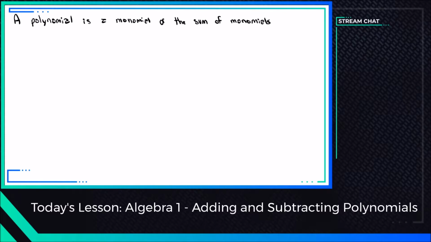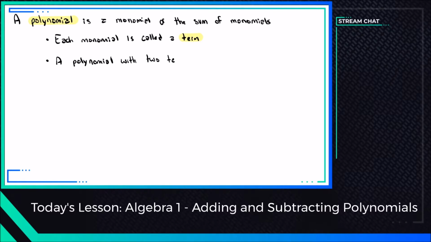Each monomial is called a term. So the word monomial and term is basically interchangeable. If your polynomial only has two terms, it's just going to be called a binomial.